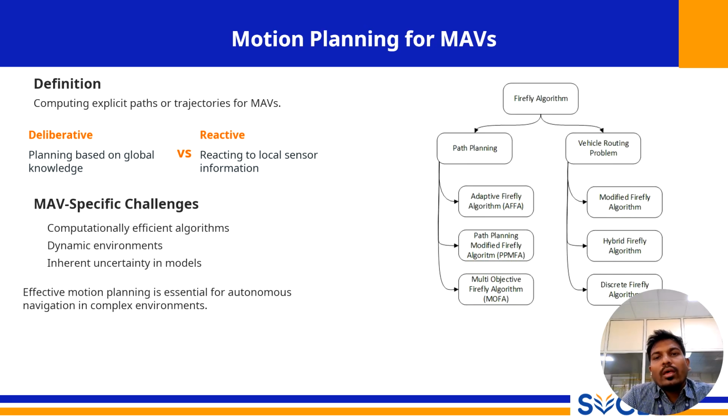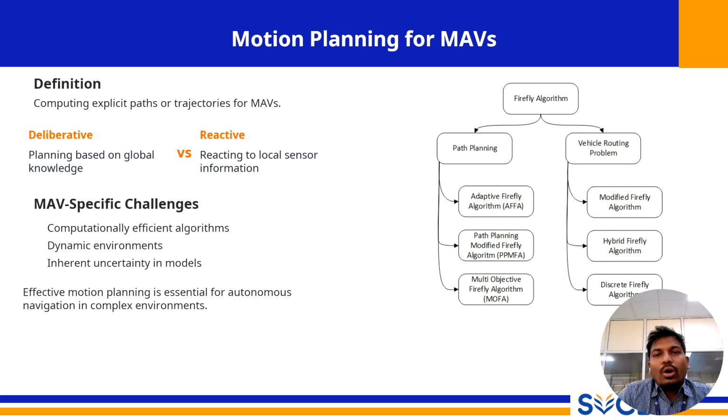This is the onboard intelligence that takes a high-level goal like fly to the other side of the building and computes a safe, flyable and efficient route to get there, taking into account obstacles, the drone's performance limits and other constraints.